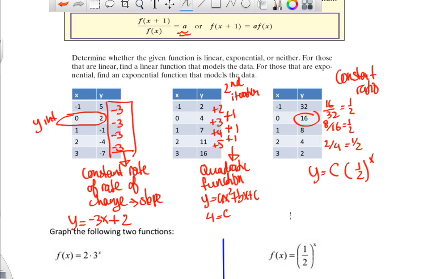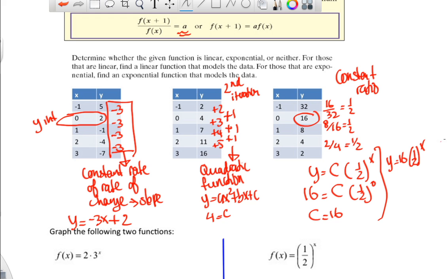This is your initial value, because it occurs at t of 0, if we think of this as time. You can literally solve for this. You can write 16 equals a half to the power of 0, which is 1. So you can get 16 out of that way as well. So the actual function here would be y equals 16 times a half to the power of x.